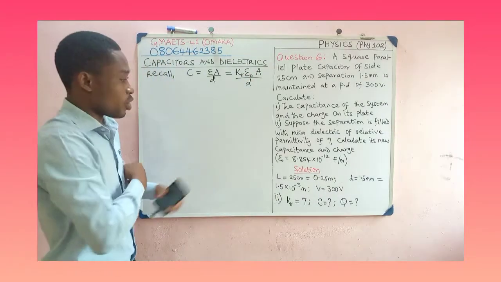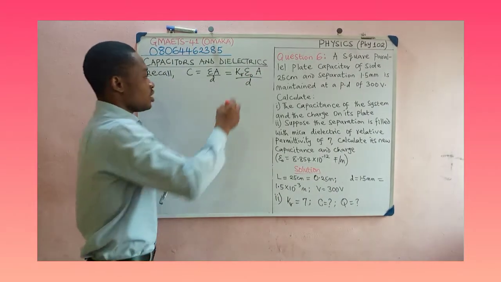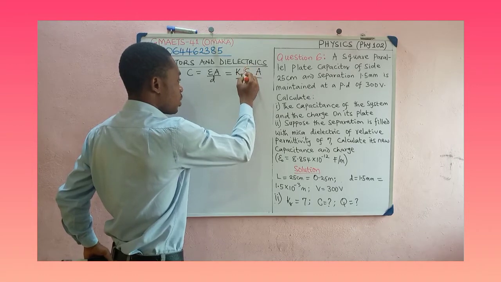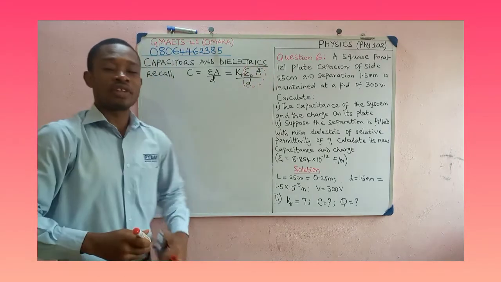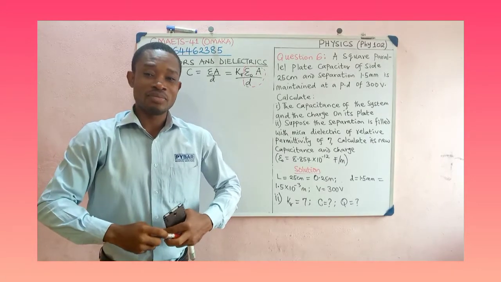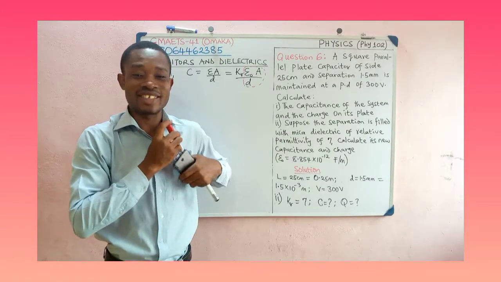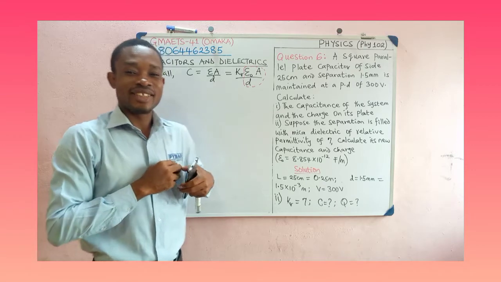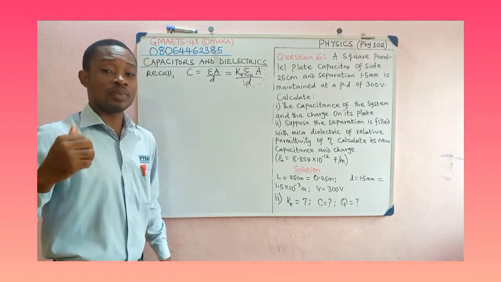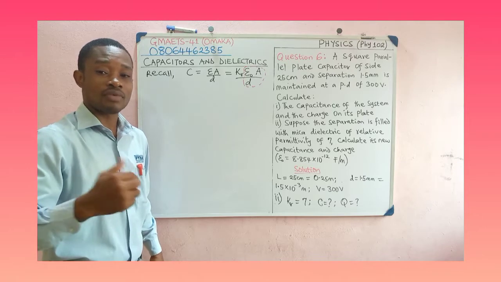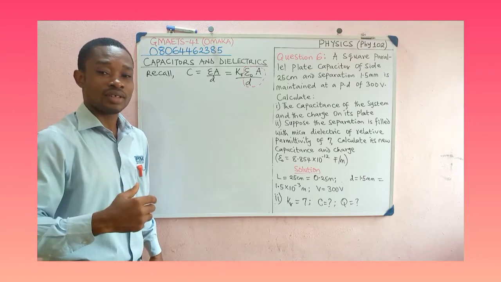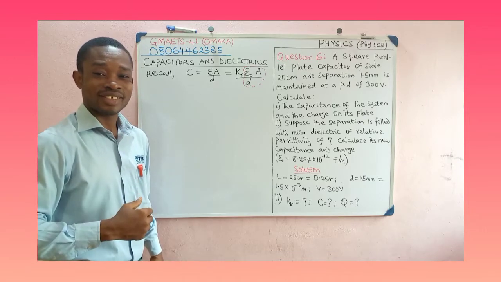And then multiply by area divided by the distance of separation. Now, I want us to look at this. You take note that this part of the equation is equal to the capacitance of the capacitor with vacuum as the dielectric, or air as the dielectric. Is that not so? And that's what we obtained already in the previous video. We got it as 3.7 times 10 raised to the power minus 10 farad.